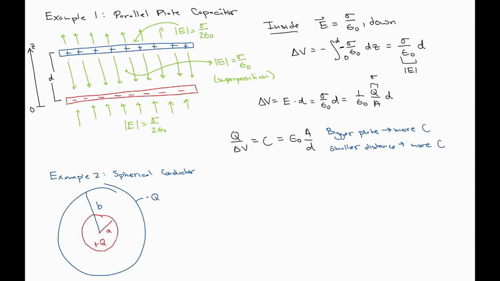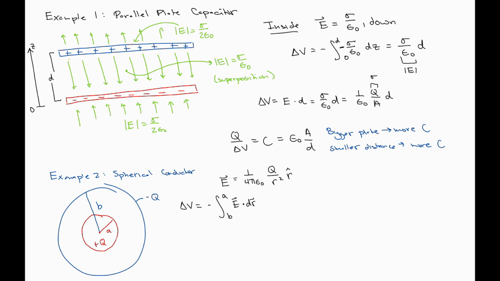Okay, now let's think about the capacitance in this case. The electric field is going to be given by 1 over 4 pi epsilon naught Q, the charge on the sphere, divided by r squared, r hat. I can integrate again to find the potential difference between them. In this case, I'm going to integrate from B to A, integrating that electric field in the r direction.